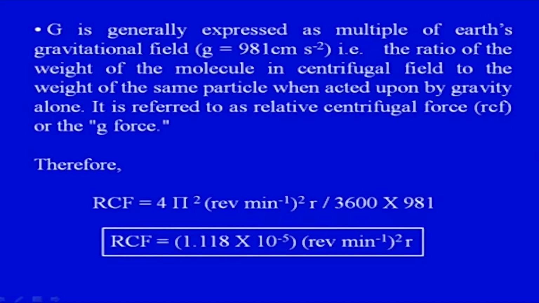It is referred to as the relative centrifugal force or the G force, and it is given by this equation, where you divide by 981, the gravitational force, and in simplified terms it comes out to be 1.118 into 10 raised to power minus 5 into revolutions per minute square into the radial distance.